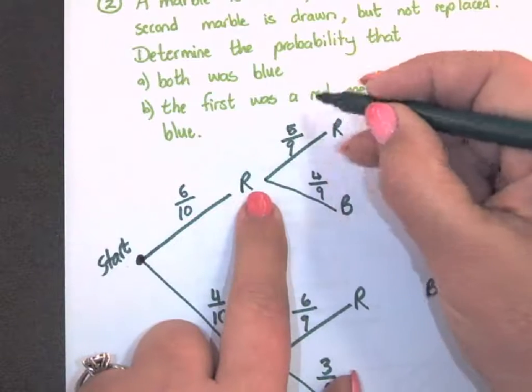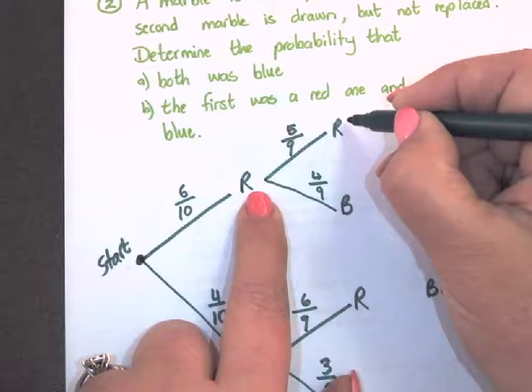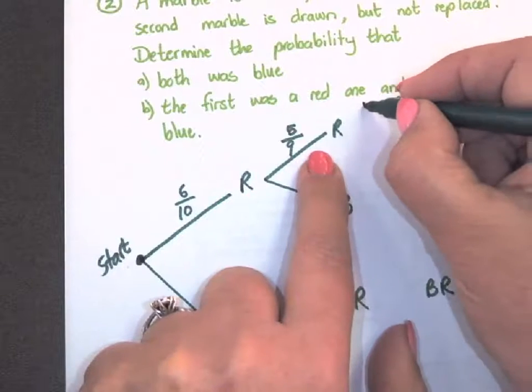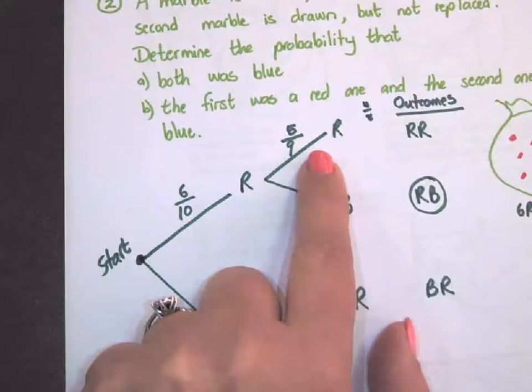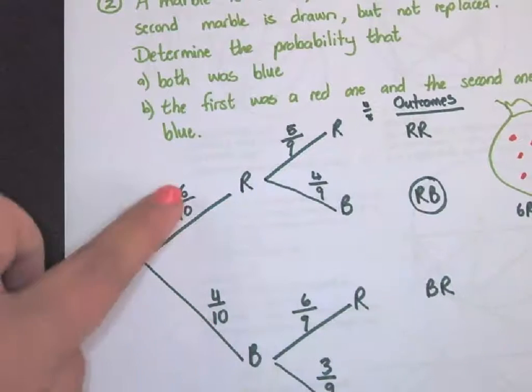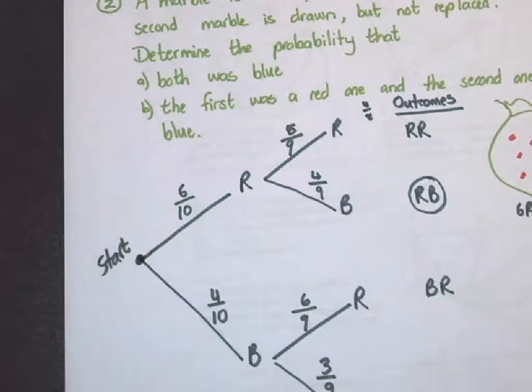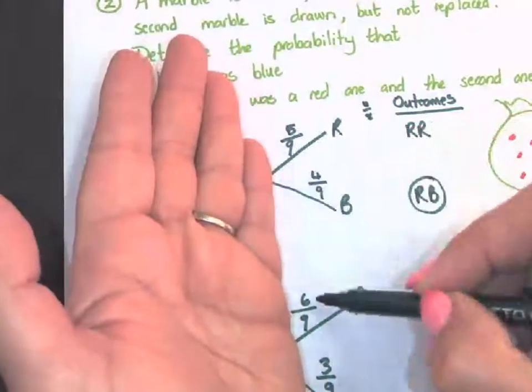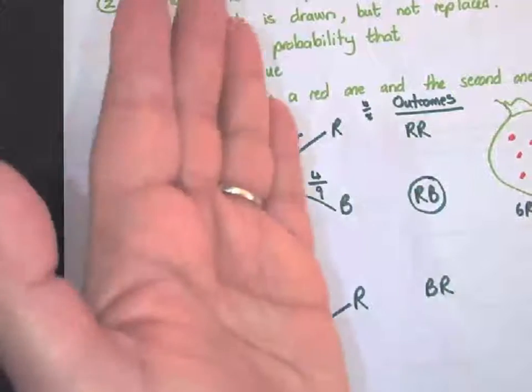And then you draw another red. So after this draw, you would have gotten 4 out of 8 on the next branch. So you always start with what you have, and then you draw. So then we have new numbers.